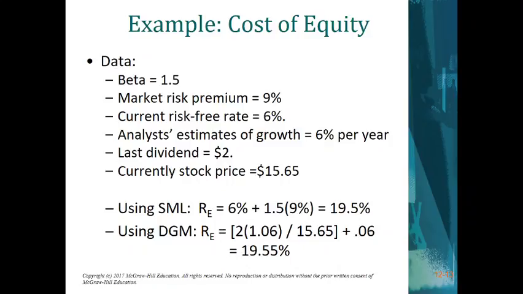If we use the SML or CAPM, we would take the 6%, we would add that to the product of 9% times 1.5, which, if you notice, creates a situation where it increases the return beyond the market risk premium.